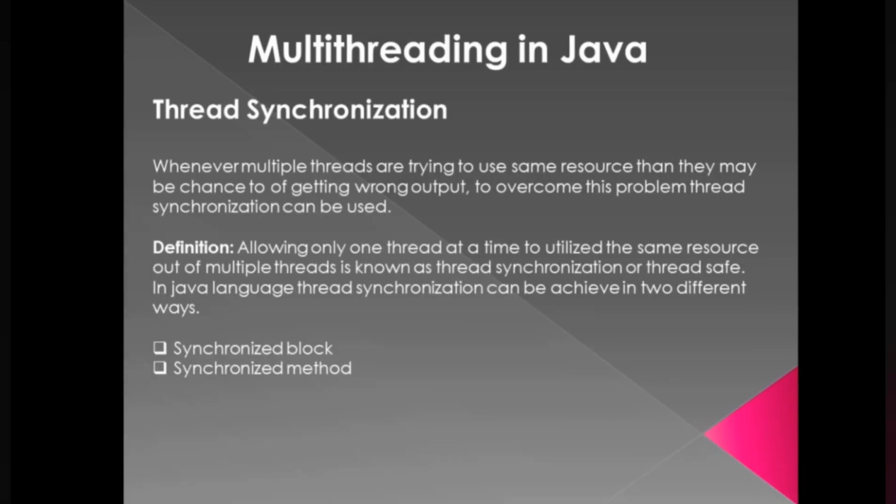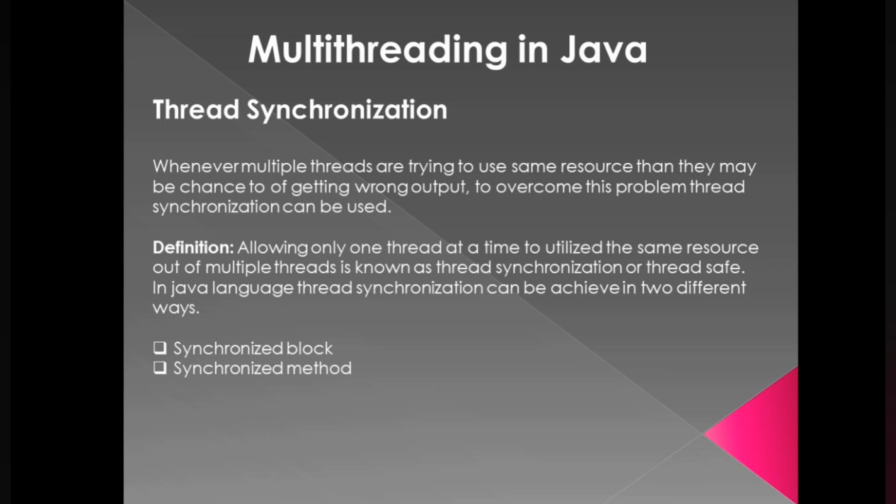Next one we are going to discuss is thread synchronization. Whenever multiple threads are trying to use the same resources, they may end up getting wrong output. To overcome the problem, thread synchronization can be used.